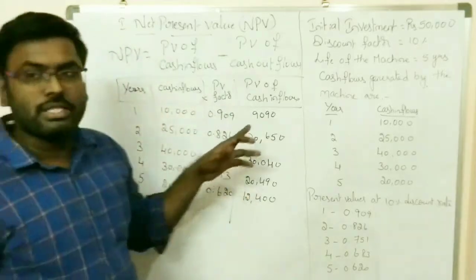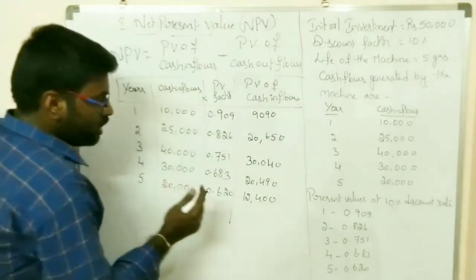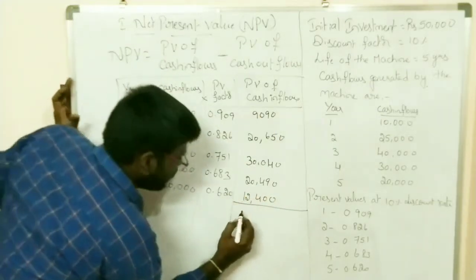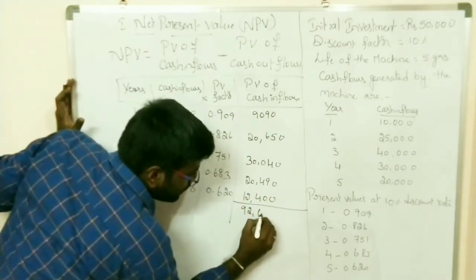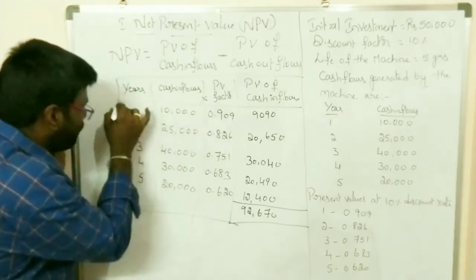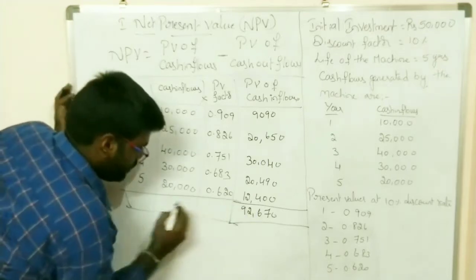So now we got the present value of cash inflows. Now add all the present values of cash inflows and you will get 92,670. This will be called the present value of cash inflows.